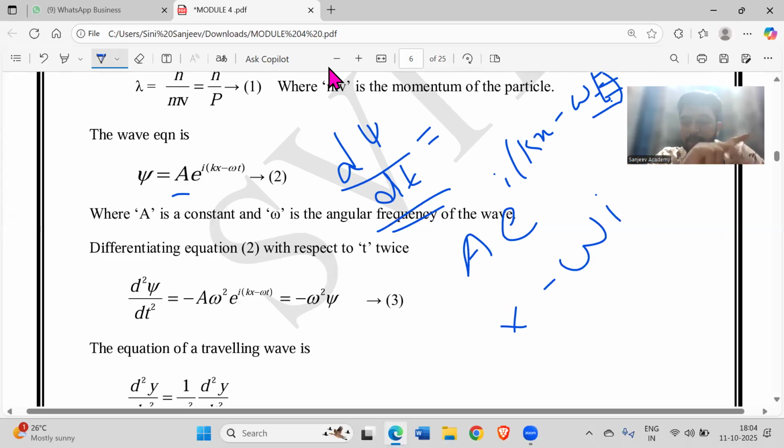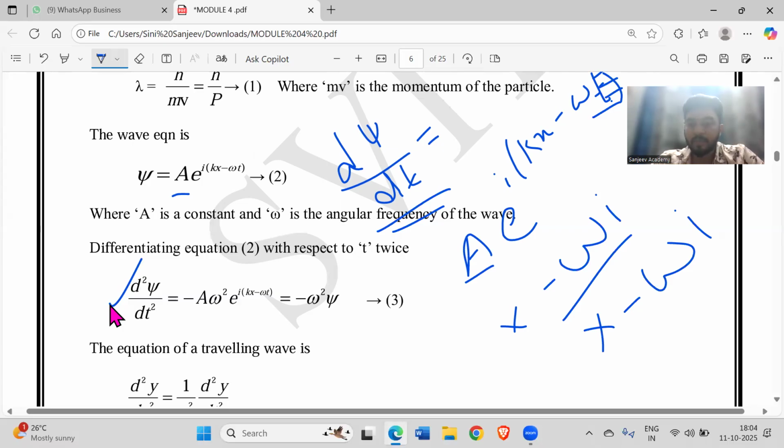Again, if I differentiate with respect to t, the double differentiation: A is constant, minus omega i is constant. If I differentiate again, this gets one more minus omega i, because the rest of these things remain the same.